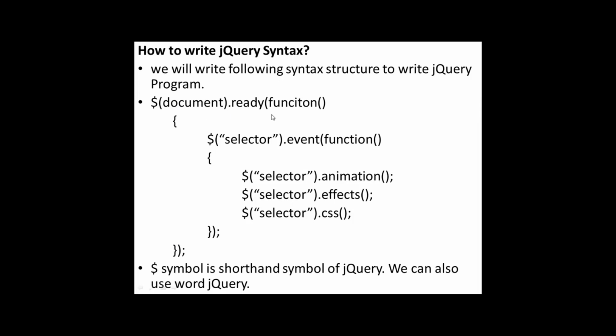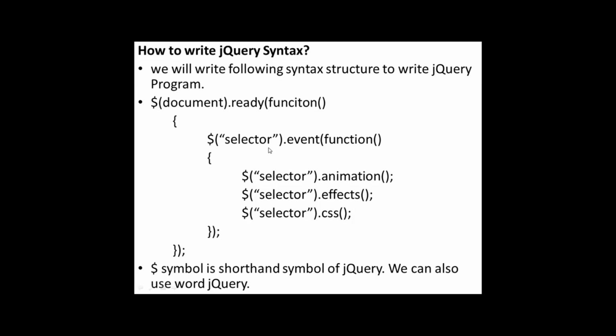Inside the ready event I have mentioned one more syntax with the $ sign, and inside this dollar I have mentioned, inside double quotes, a selector. Now the selector is used to select any HTML elements for which we are going to call any event.